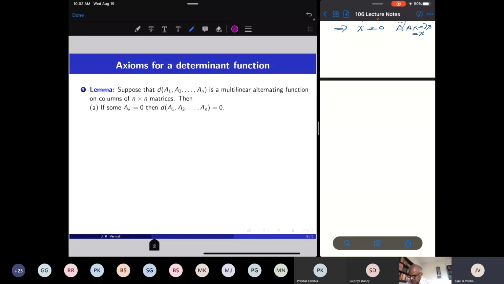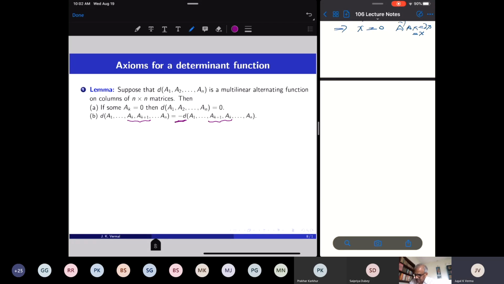So for a matrix where one of the column vectors is 0, D(A1, A2, ..., An) is 0. Then if I interchange the kth and (k+1)st columns, I acquire a negative sign. This is true for any multilinear alternating function.